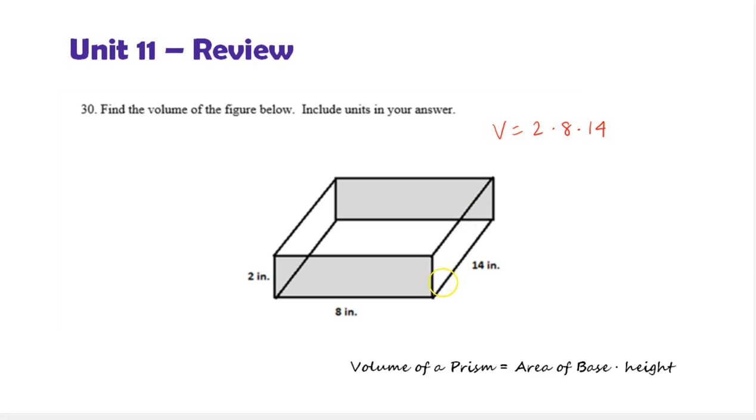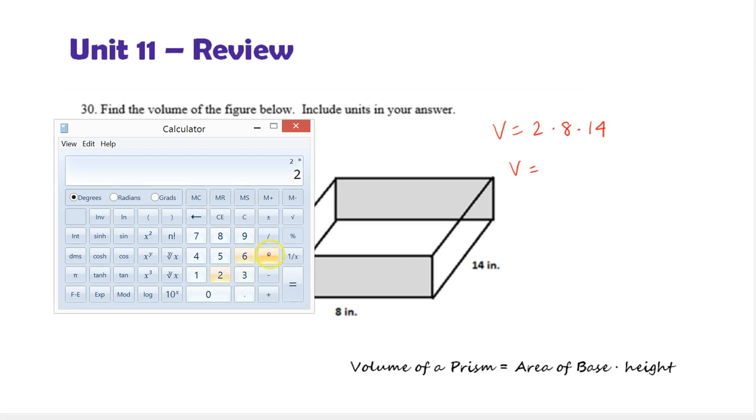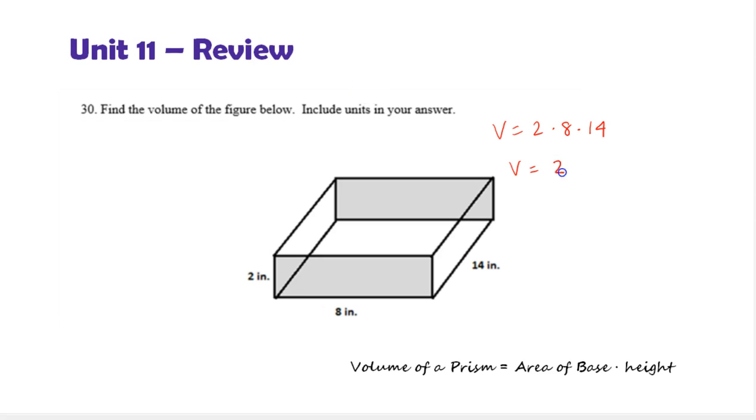Notice if I had made this side the base, it would have been 14 times 2 times 8. And anyway, it would just rearrange these numbers, which is okay because of the commutative property. Now let's multiply these. 2 times 8 times 14 gives us 224. And volume is measured in cubic, and in this case, inches.